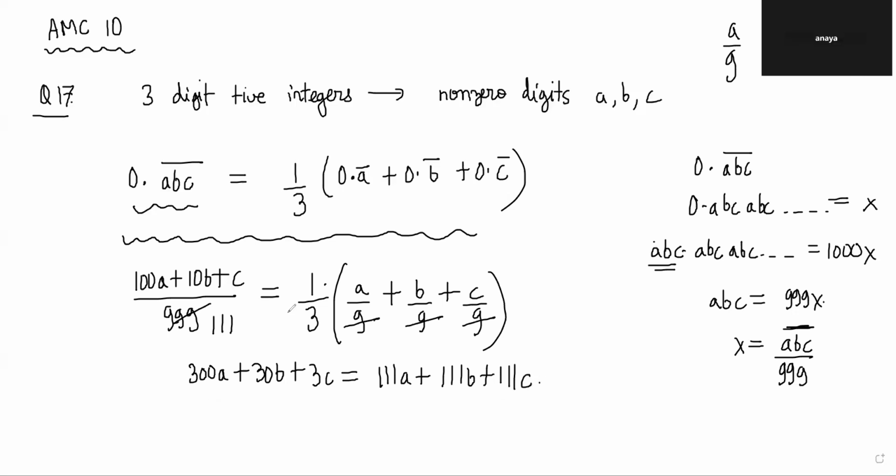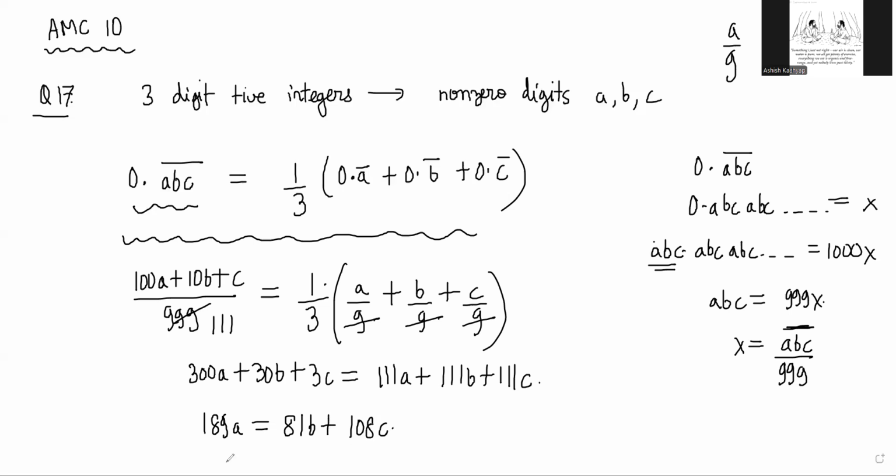I hope I'm not making a mistake here. Cancel the 9, and then we multiply and simplify this. You will get 189A is equal to 81B plus 108C, right?